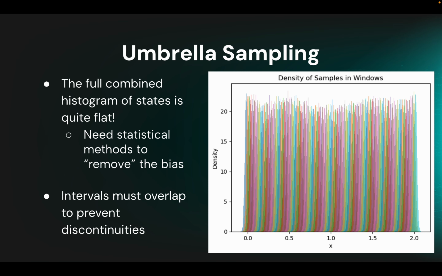When we combine the histograms of all of these biased simulations, we notice that the combined histogram is actually quite flat. And therefore, while umbrella sampling does allow us to sample from all of these states, we need statistical methods to actually remove the bias that we've introduced. Importantly, we'll also note that the intervals must actually overlap, as otherwise we would get discontinuities.